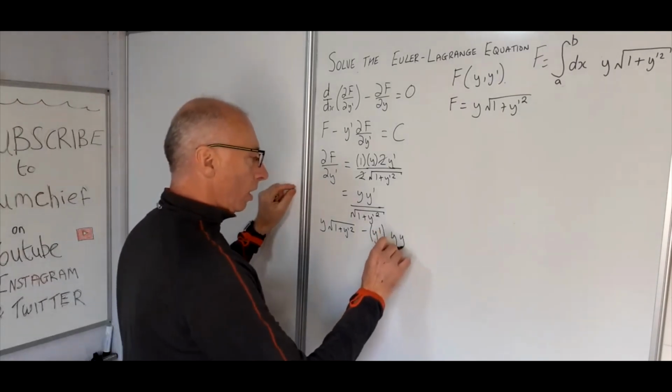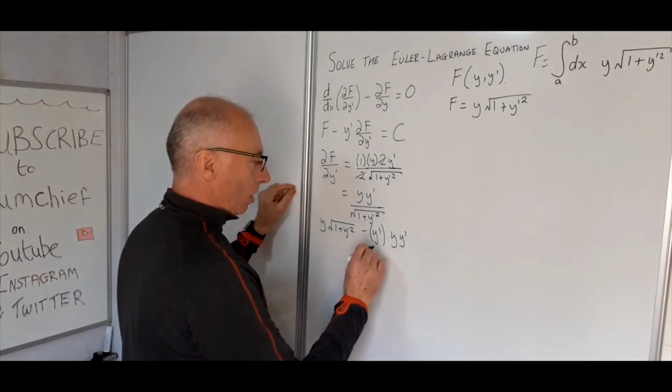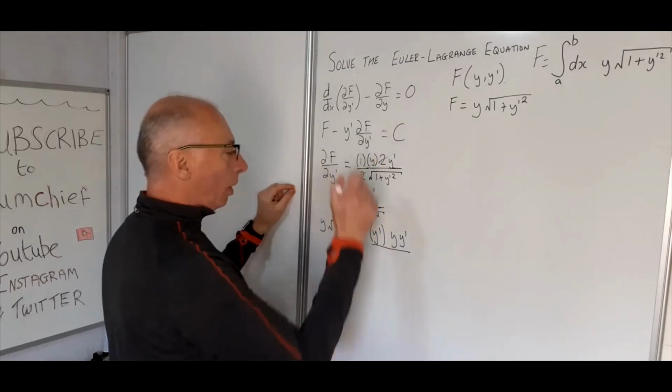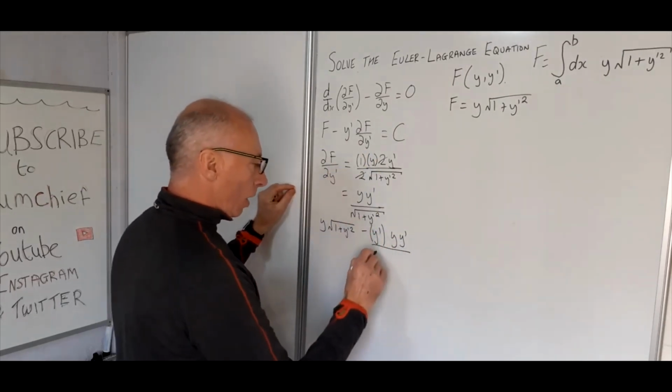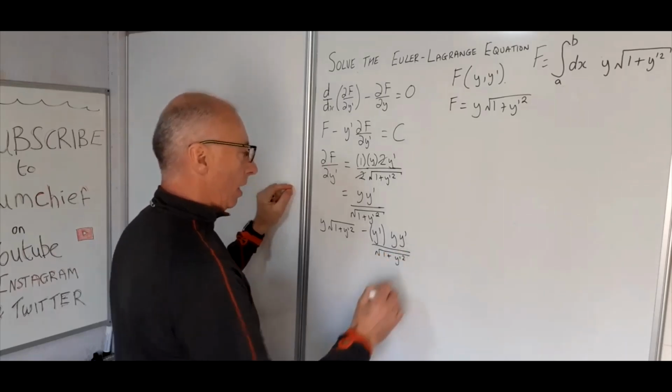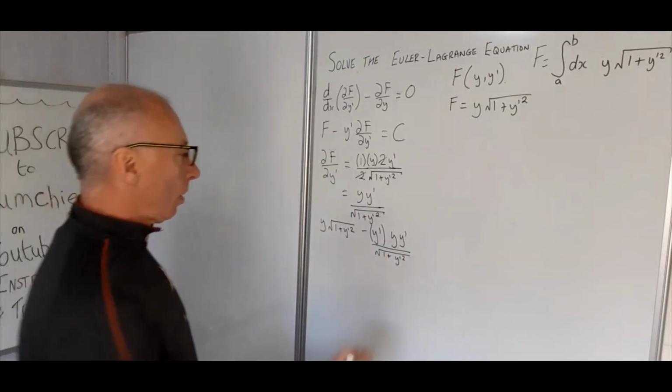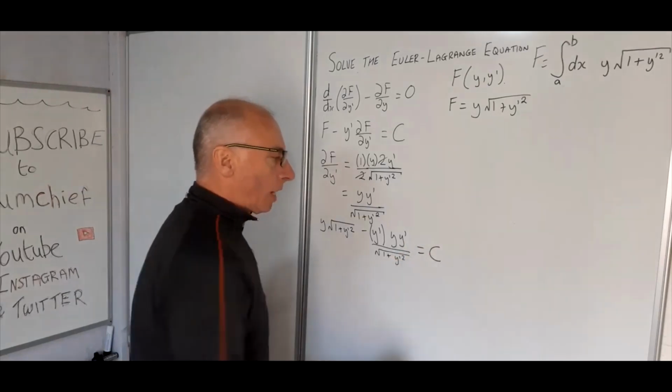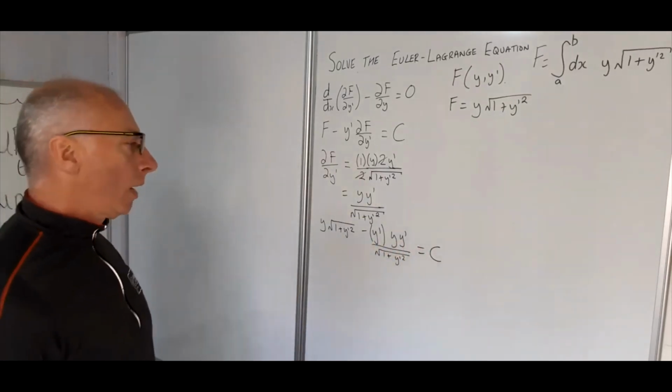So y prime, we can put this all together because these are multiplied, with the square root of 1 plus y prime squared in the bottom. Then all this will equal a constant. I'm using the letter C, you can use the letter A or B, whatever letter you want to use.